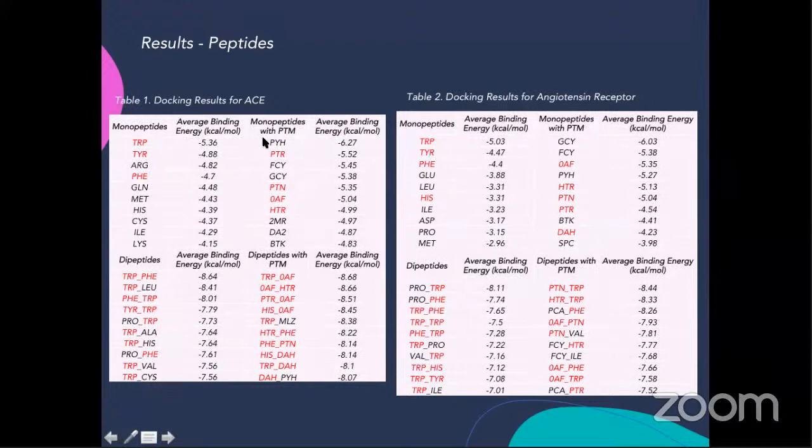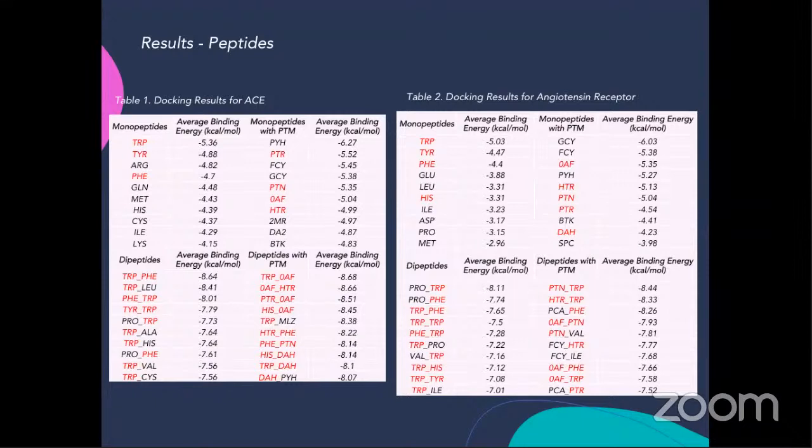As you can see po, our binding energy data are negative. Negative po, since that implies na meron tayong attractive forces between our peptide ligands and our proteins.